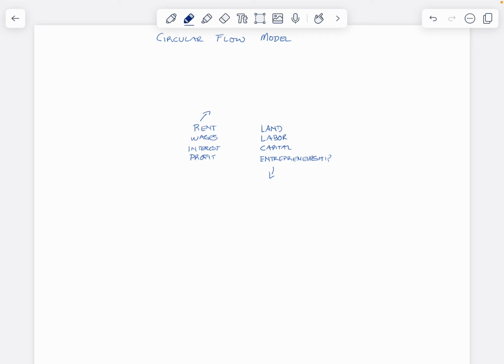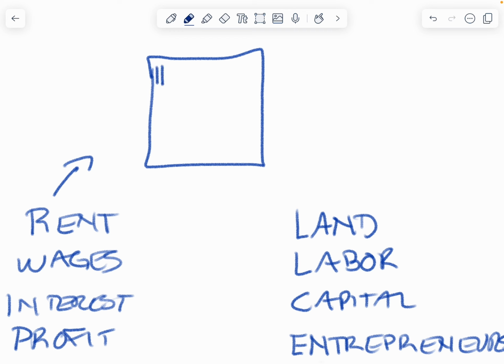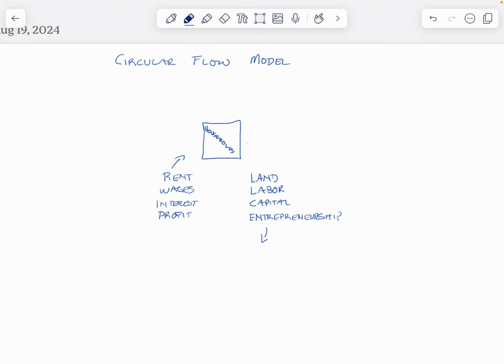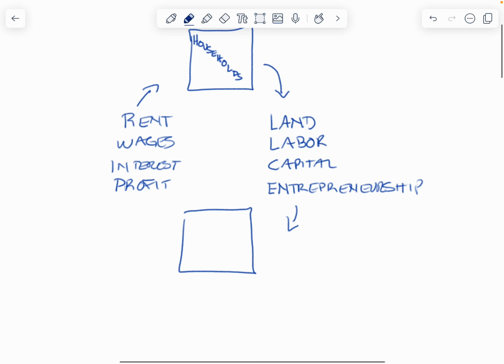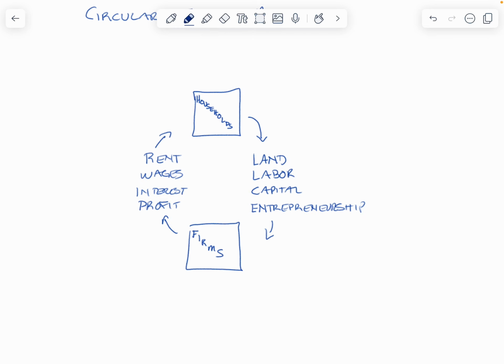Well, who owns the land, the labor, the capital, and the entrepreneurship? That's owned by households. They provide the factors of production, and those factors of production go to the firms who use them. What would we say that the firms use the factors of production for?